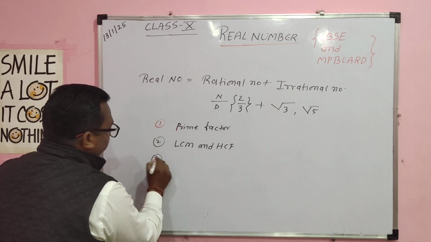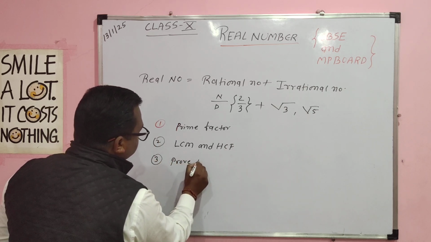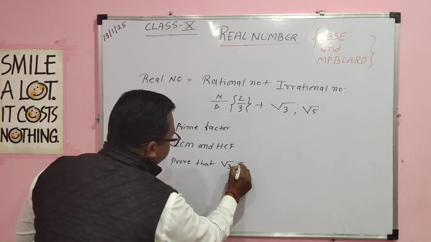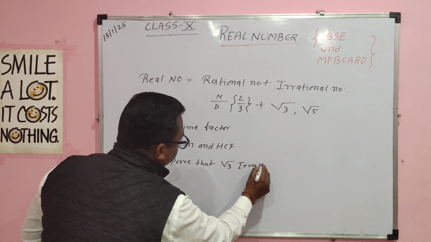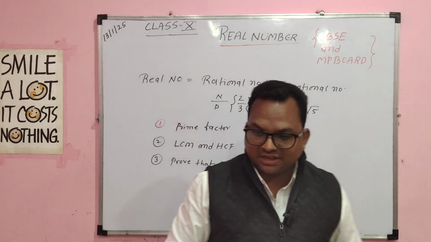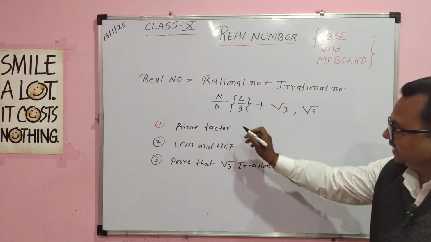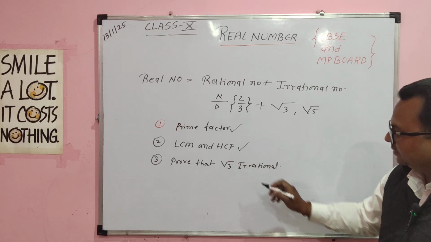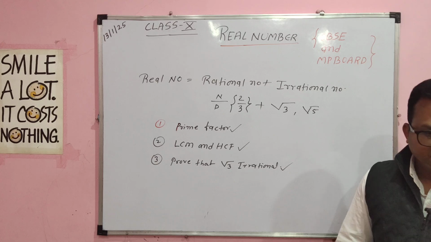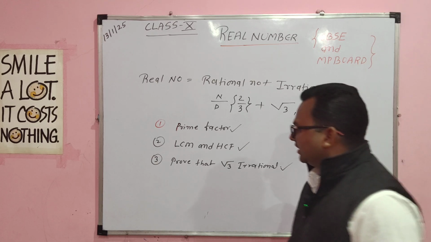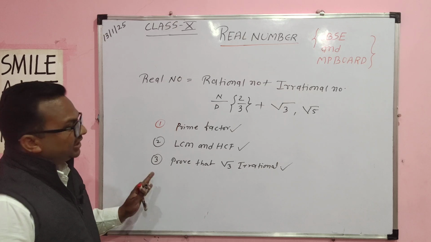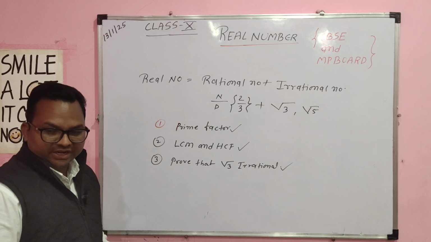Third is prove that a number is irrational. Yes and no? Mainly three types of questions in this chapter. And this is a very important chapter, and also real number is a very easy chapter in class 10. Yes and no?